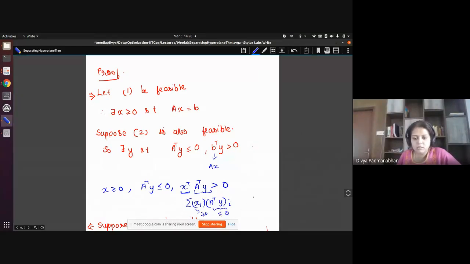So this overall summation being greater than 0 cannot happen. That's a contradiction, and that's why you cannot have both. If one is feasible, then two cannot be feasible.